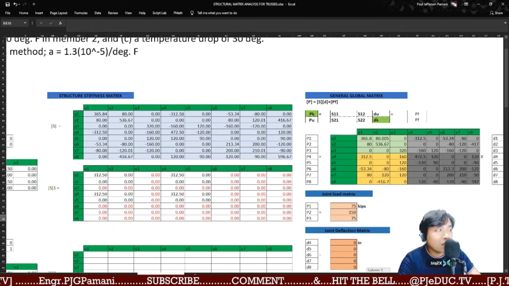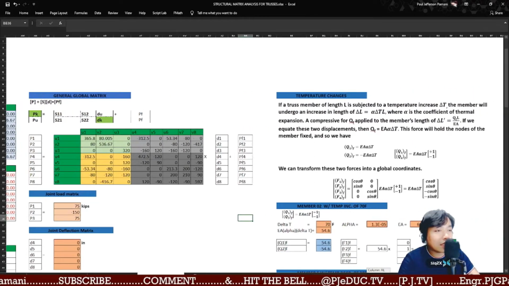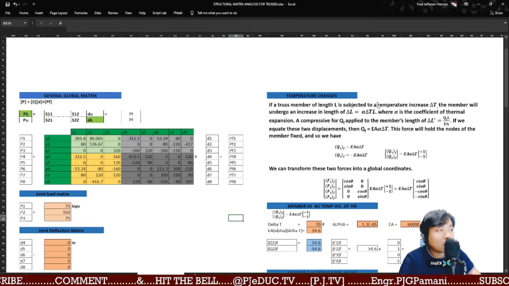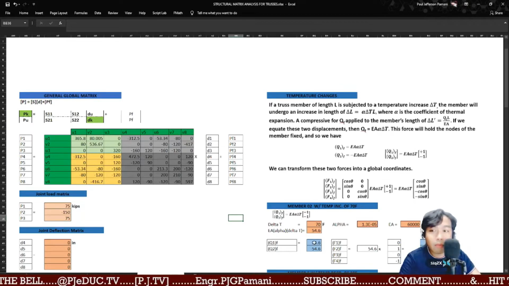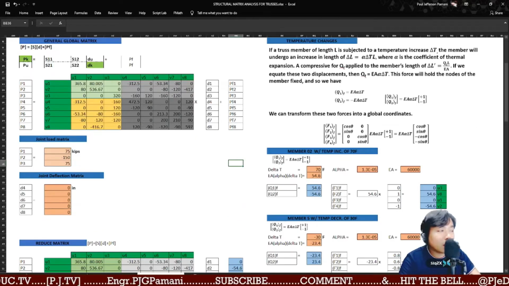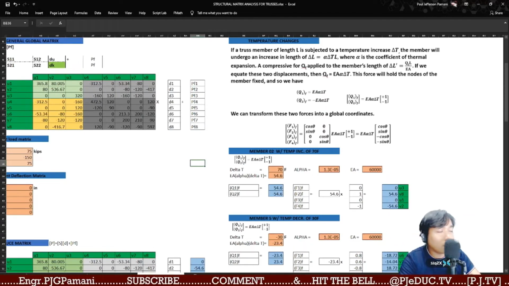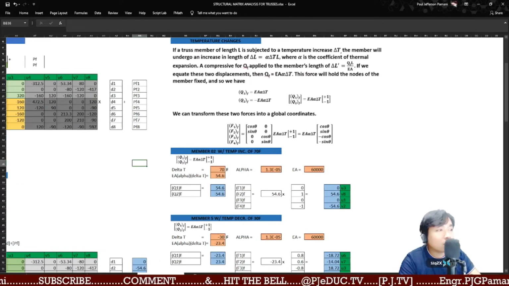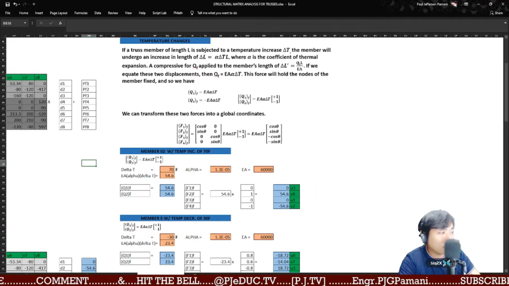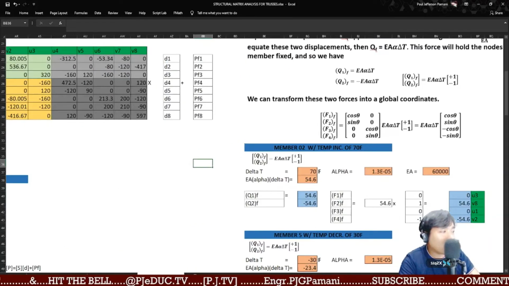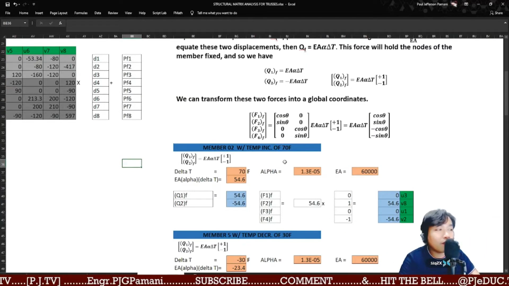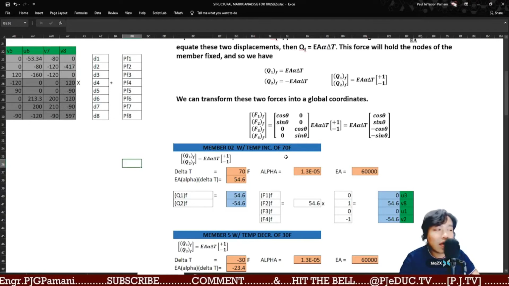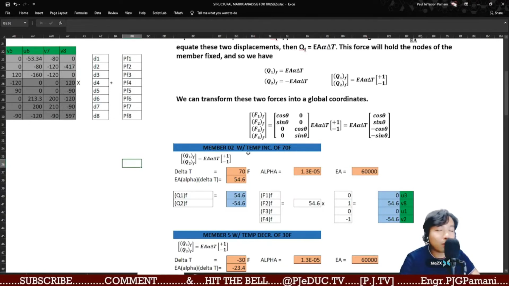Again, one thing that is new here is the additional force caused by the change in temperature on member 2 and on member 5. Starting with member 2, sorry. So, starting with member 2, we have now to identify the equivalent force effect due to the change in temperature of positive 70 degrees Fahrenheit, or an increase in temperature of positive 70 degrees Fahrenheit.